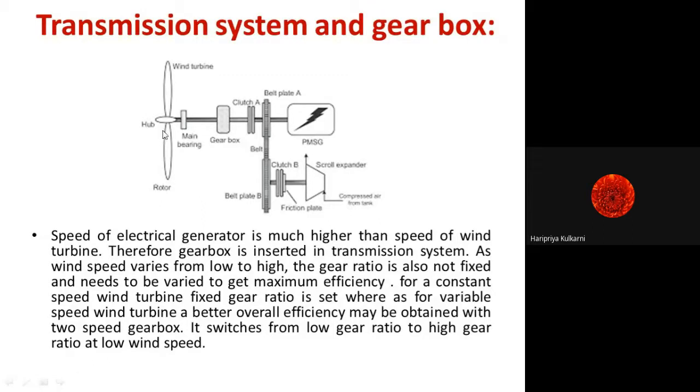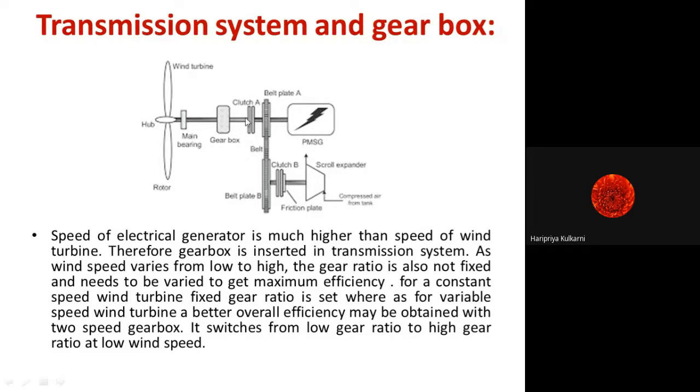The turbine's input is the kinetic energy of the wind, which has been converted into mechanical, rotational energy. It is given through a bearing to the gearbox. Generally for wind generation, a one gear ratio or two gear ratio system is used.